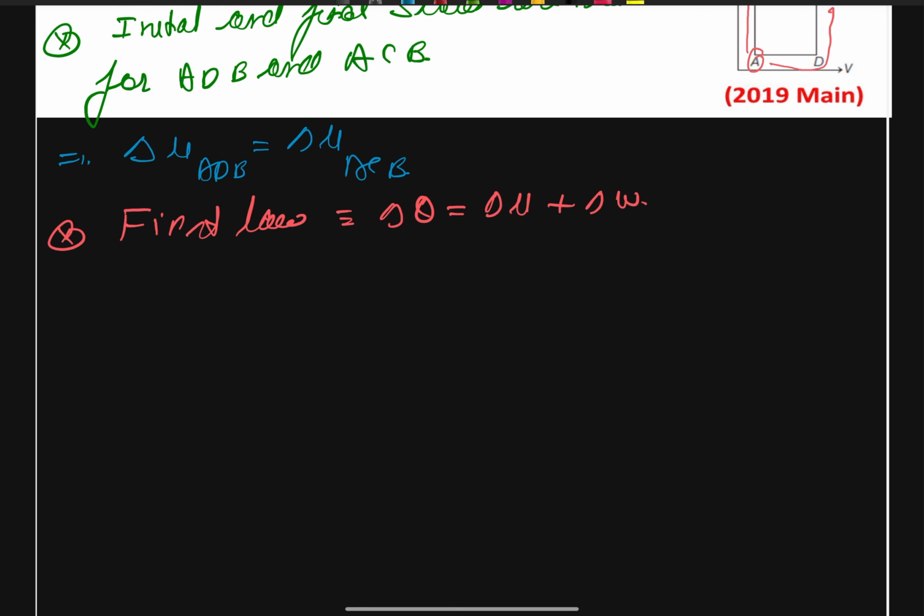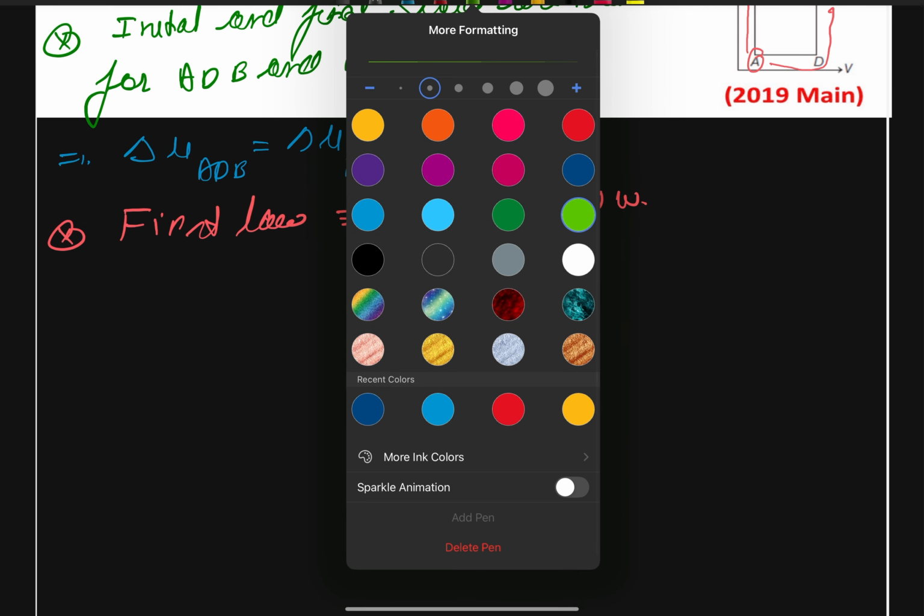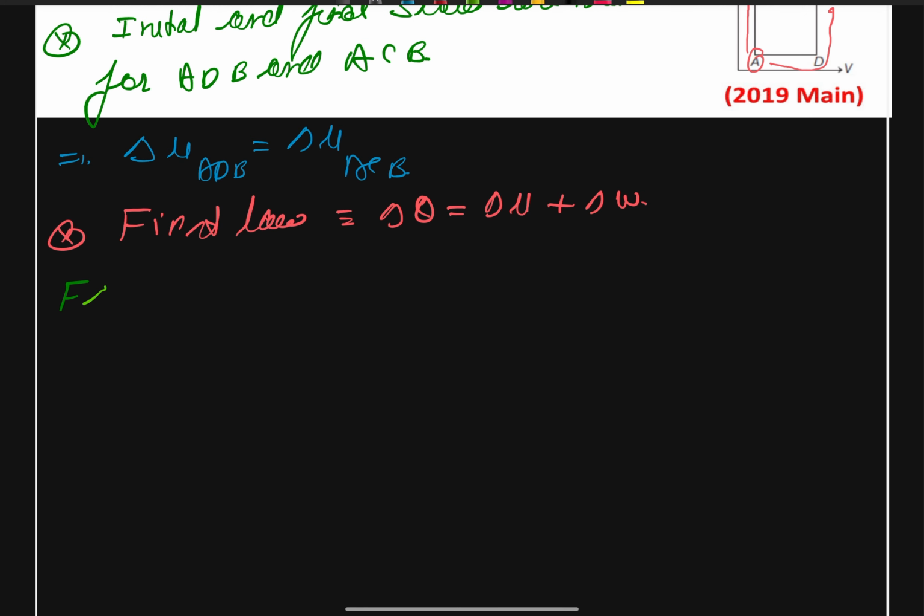For ACB, we can write delta Q ACB is equal to delta U ACB plus delta W ACB.